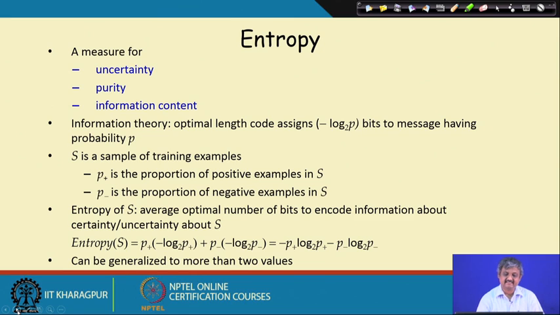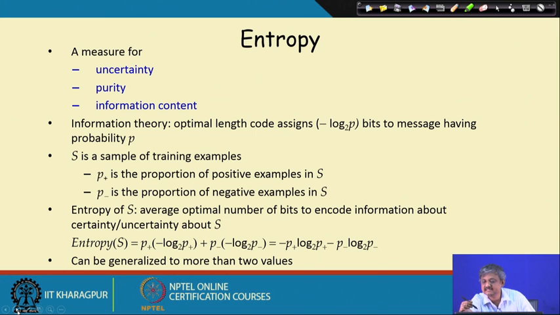The measure is defined this way. Suppose S is my set of training points. In the previous case there are 64, so S has size 64. Let us say P plus fraction of them are positive yes examples, and P minus are negative.